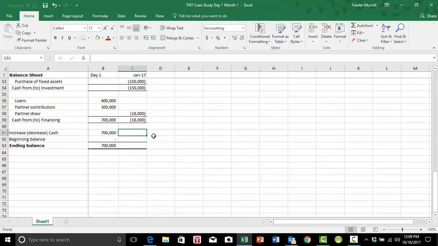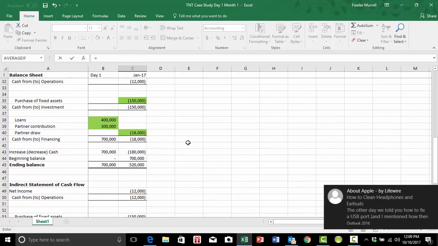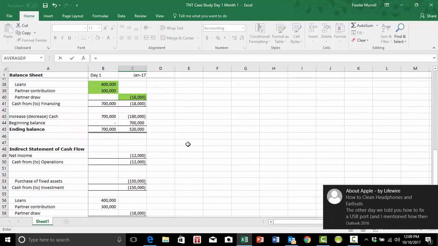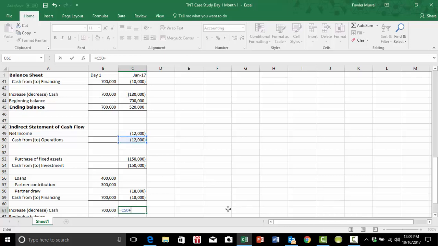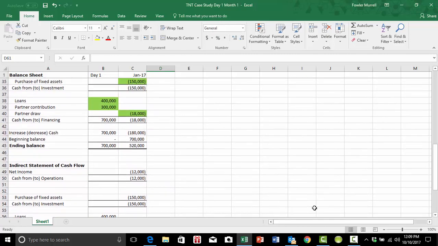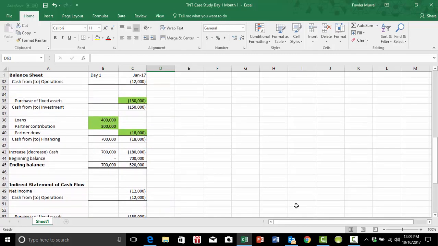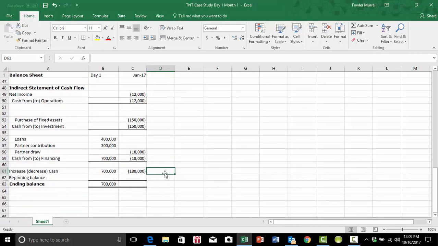Increase, decrease in cash is equal to this plus this plus this. So it's equal to the same as in the other statement that we just did. $180,000 out, $180,000 out.